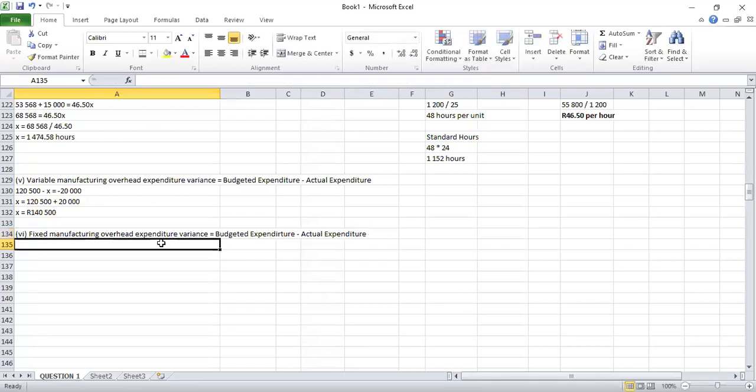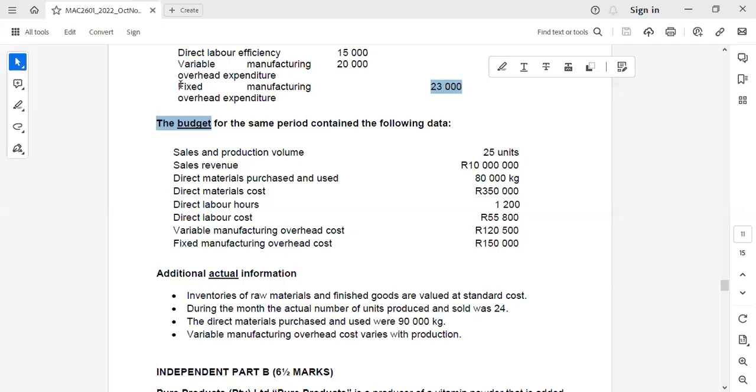So our variance is 23,000 favorable, equal to the budgeted. Our variance, we have it here. This is the fixed manufacturing overhead variance. Then we know that the budgeted is 150,000.